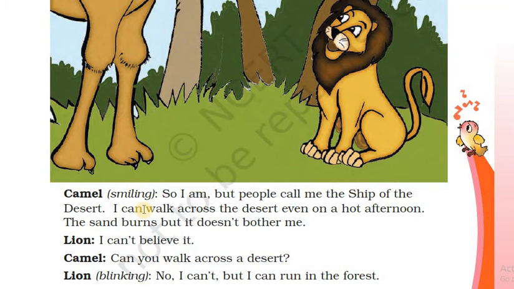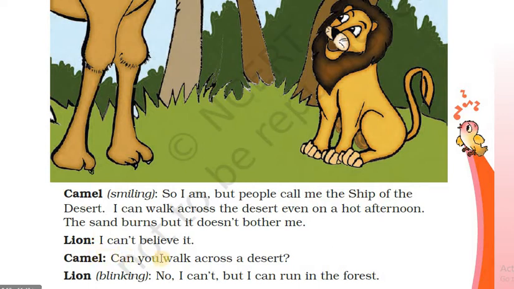Camel smiling and giving the answer that people call me the ship of the desert because I can walk across the desert even on a hot afternoon. तेज धूप होती है और वहाँ पे गर्म सैंड होती है, फिर भी वो कैमल उस डेजर्ट में वॉक करता है. The sand burns, but it doesn't bother me. जो सैंड गर्म होती है, लेकिन उससे मुझे कोई तकलीफ नहीं होती, मैं आराम से चल सकता हूँ.